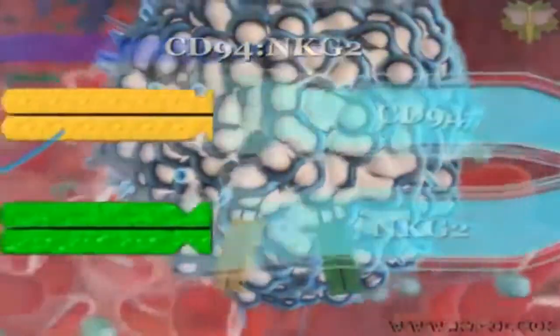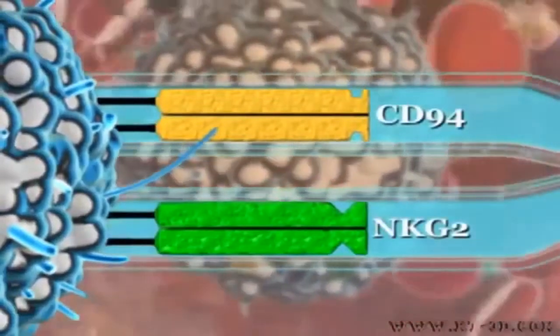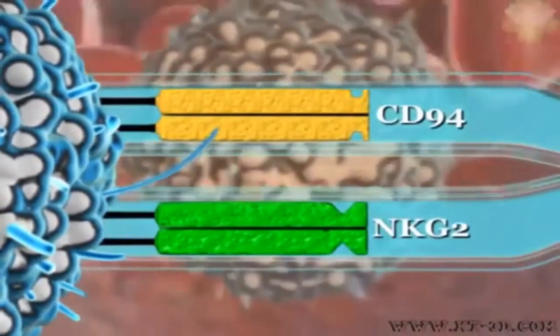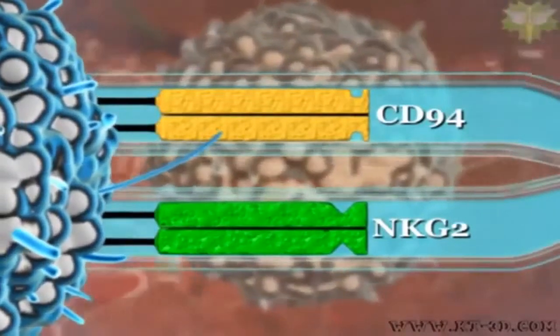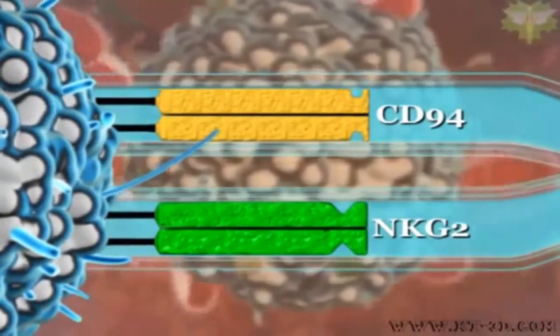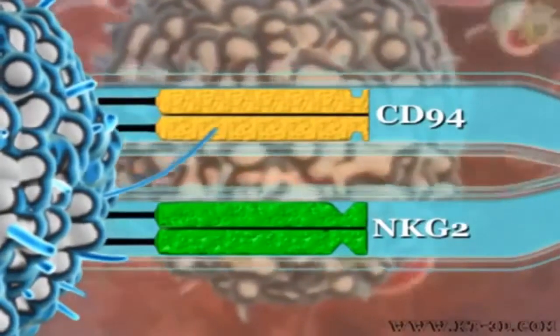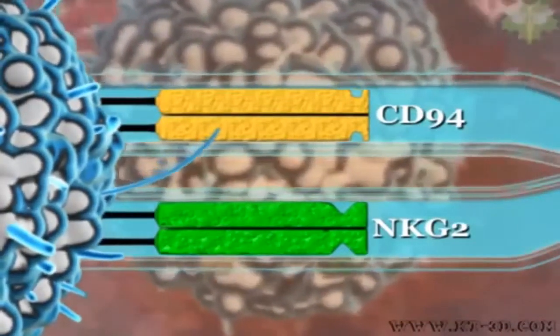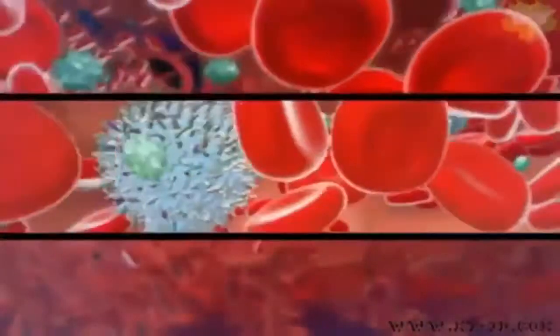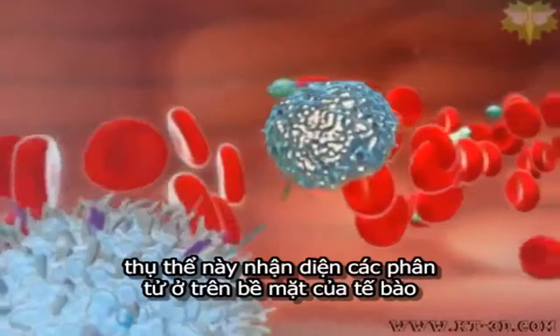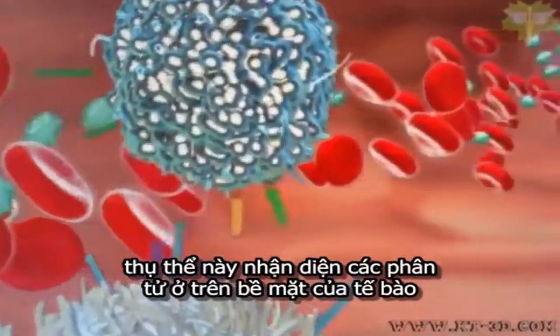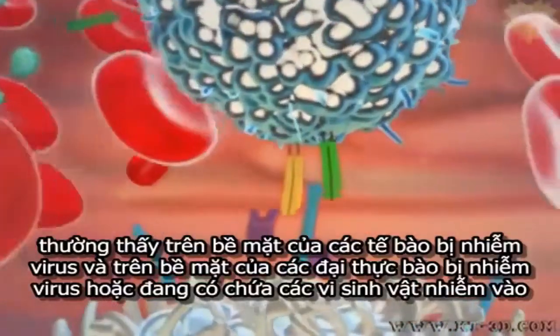The NKG2 proteins differ for the inhibitory NKG2A and NKG2B, and the activation NKG2C and NKG2D protein structures of the CD94-NKG2 complex.